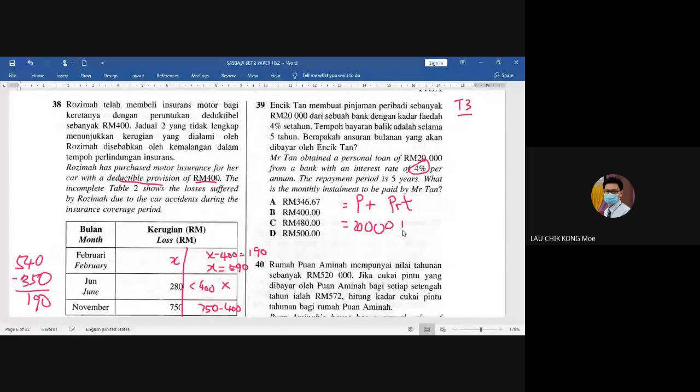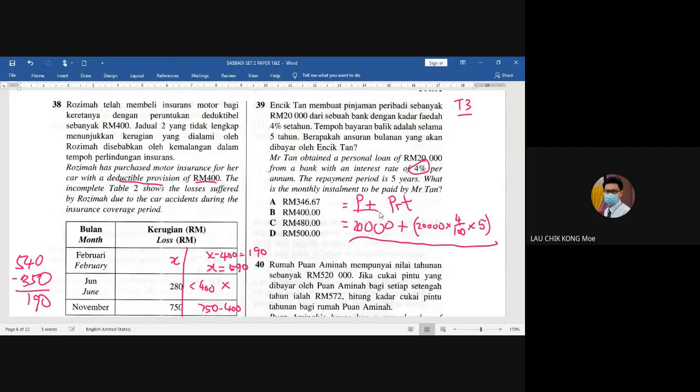Okay, plus 20,000 times 4%, 4 over 100 times 5 year. Okay, but this total still is total. We not yet. If we want to find the monthly installment, we need to divide. We need to divide. Okay, so the total, maybe we can divide here lah.